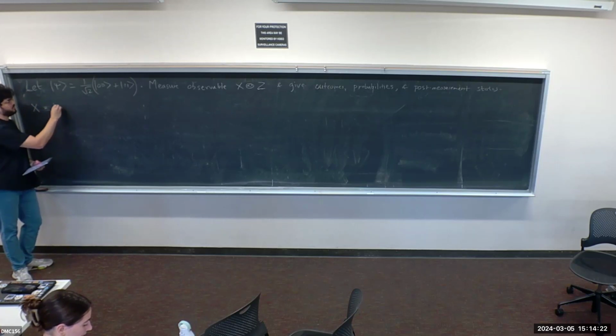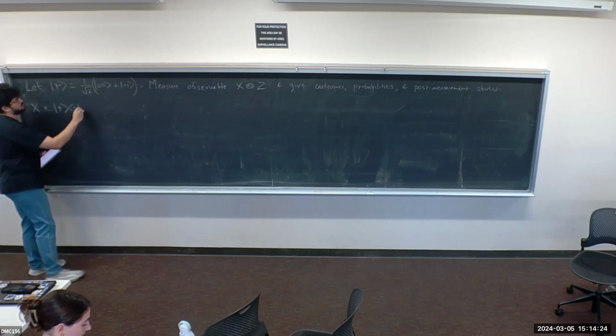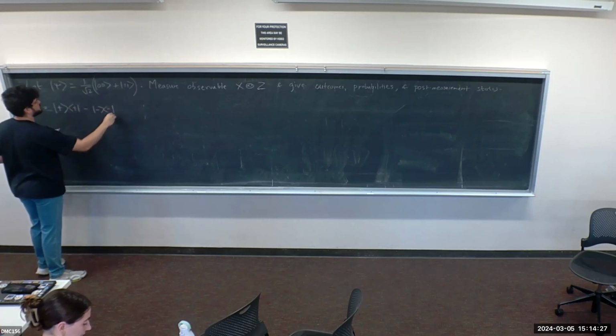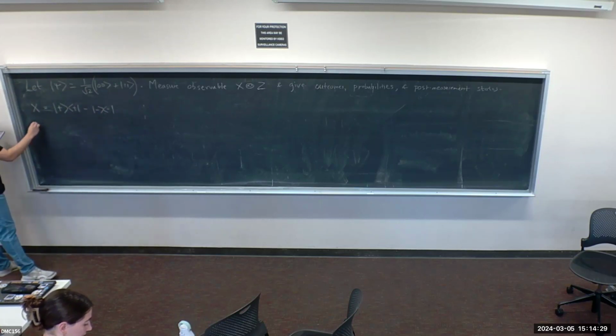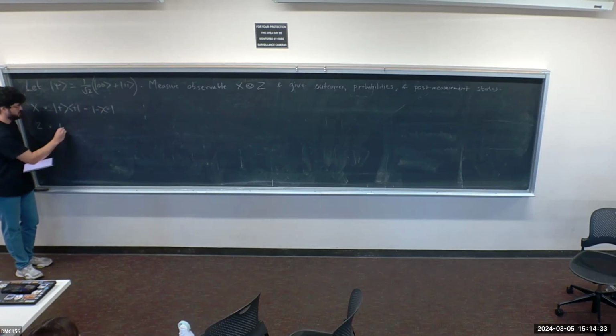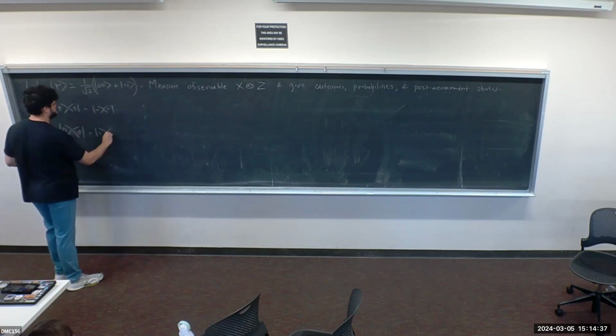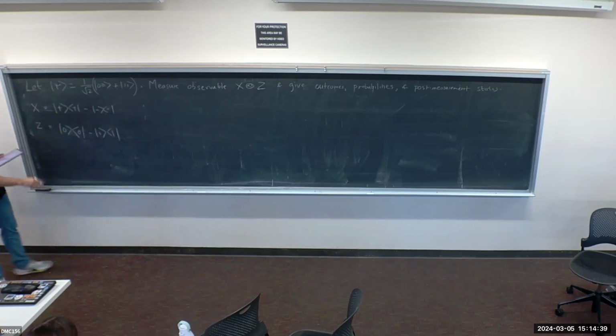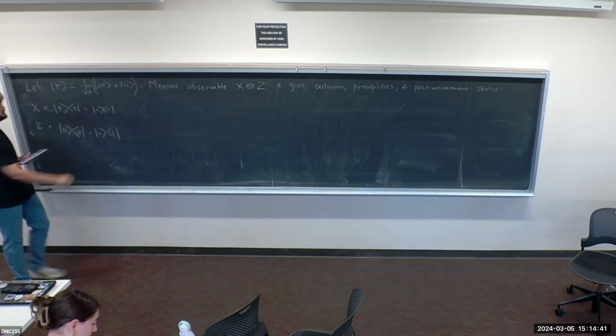Plus plus minus, outer product plus plus minus outer product minus minus. And the spectral decomposition for Z, 0 0 minus 1 1. Now we just have to tensor these together.